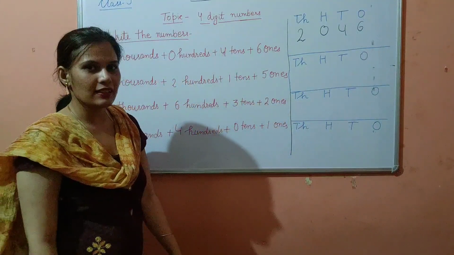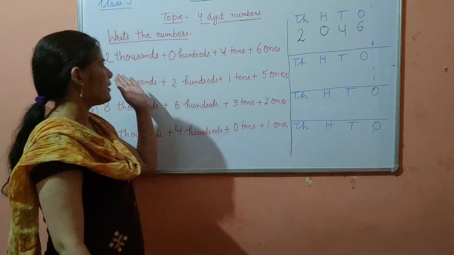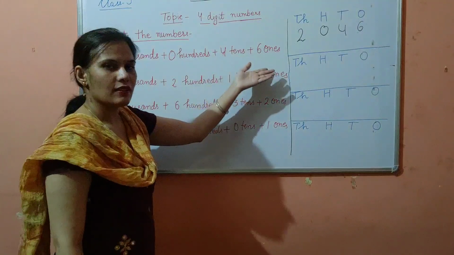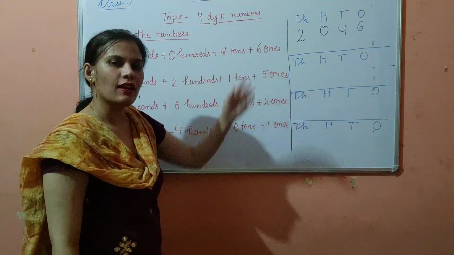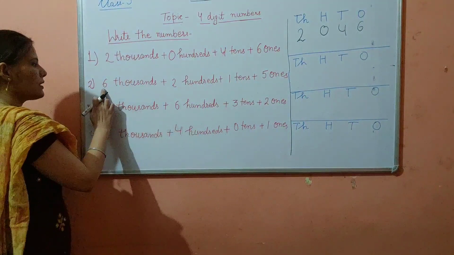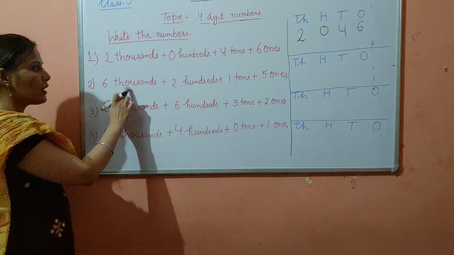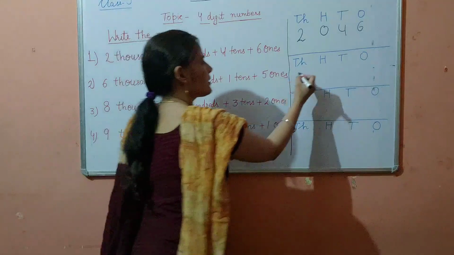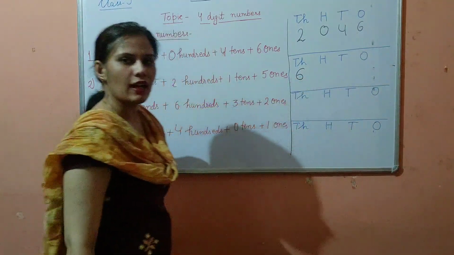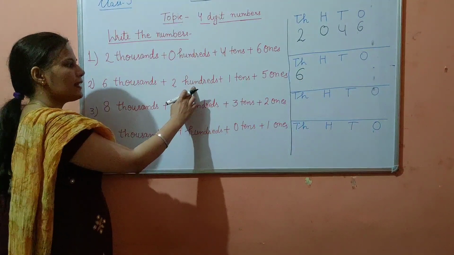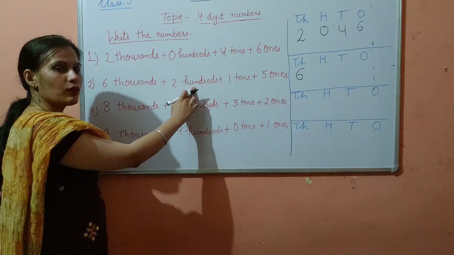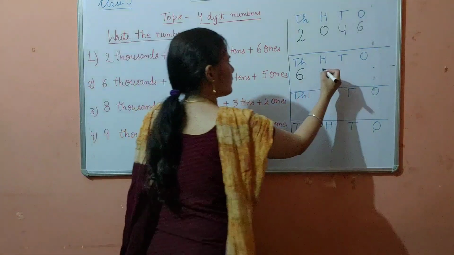You can easily read the number and write the number with the help of these numbers that are given to you in the words. Similarly, do this. 6,000 means 6 will come on the thousand place, and at hundred place what will come? 2.